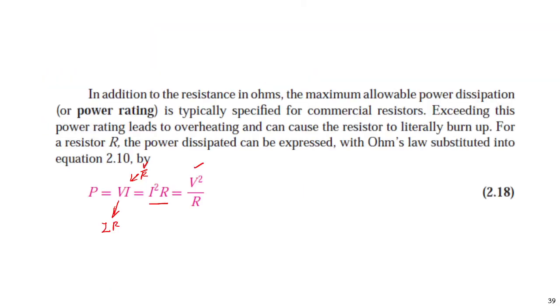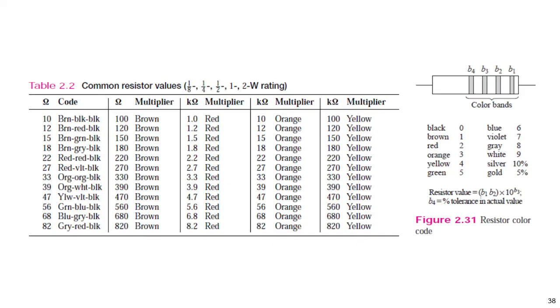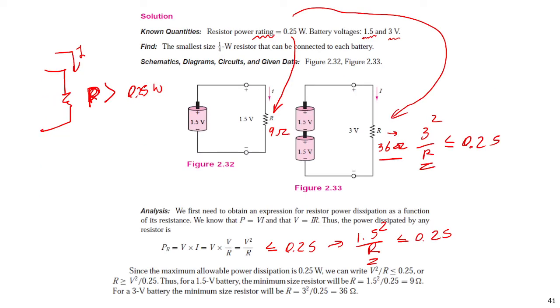So if we have a resistor with a rating of 0.25 watt, and we connect it to 1.5 volt, the resistance must not be less than 9 ohm.